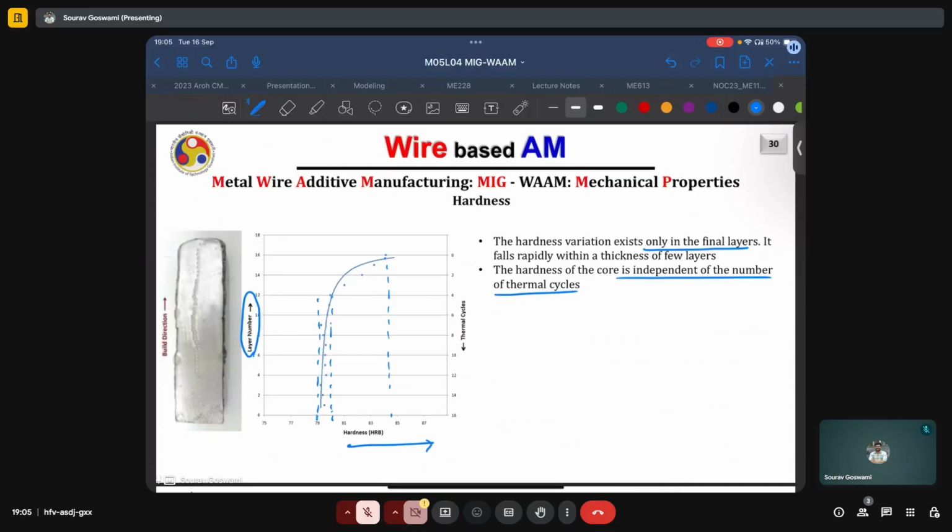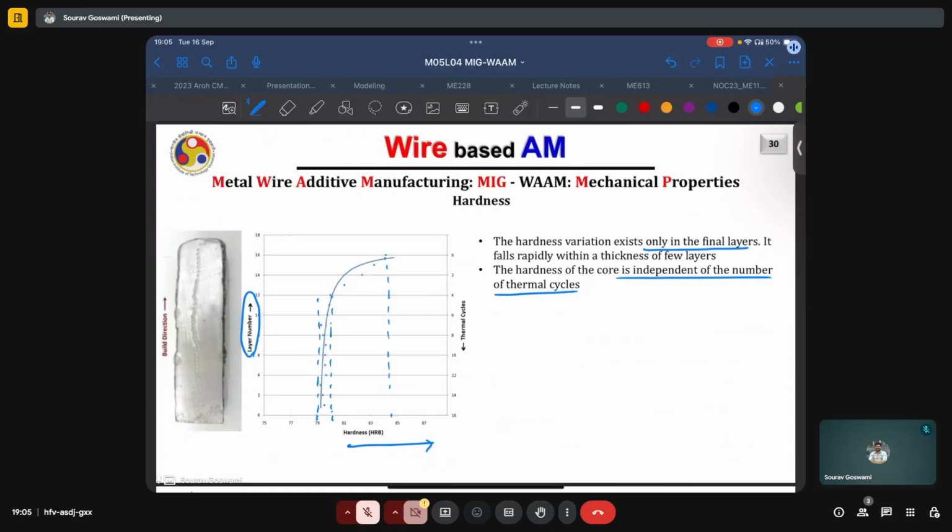Again, when the laser source or the energy source moves away, there is local cooling, which is very fast. And with the deposition of the next layer, or say multi beads in the same layer, there are successive heating and cooling cycles. Because of these solid state thermal cycles, the layers which are already deposited experience a large number of thermal cycles, which is equivalent to some sort of in situ heat treatment.